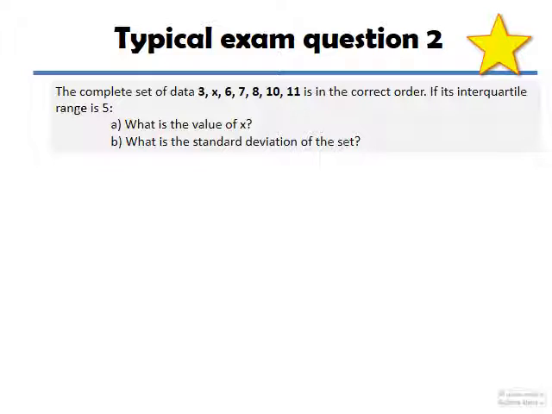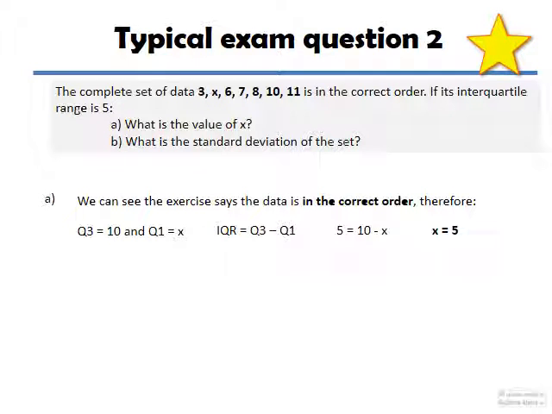If I calculate the interquartile range, I realize that 7 is the median, and I have 3 on each half. So the median of this half is going to be 10, and the median of this half is going to be X. So if interquartile range is Q3 minus Q1, Q3 is 10 and Q1 is X, then 5, which is the interquartile range, is 10 minus X, hence X will be equal to 5.